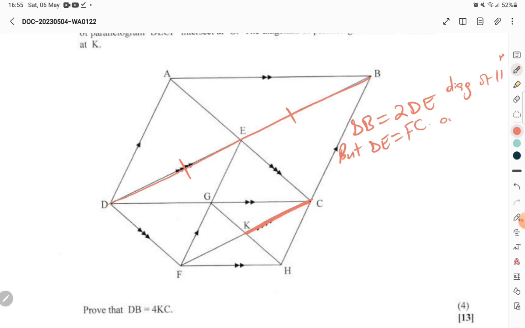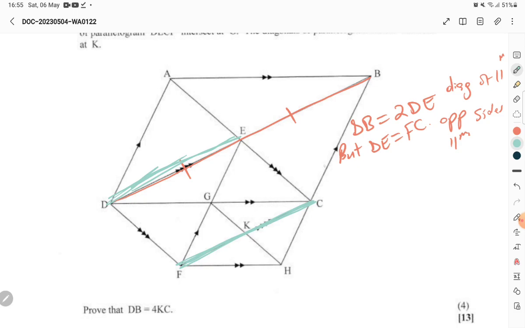Reason: these are the opposite sides of a parallelogram. Opposite sides of a parallelogram are equal to each other, so this one is equal to that one, because this is a parallelogram, remember.